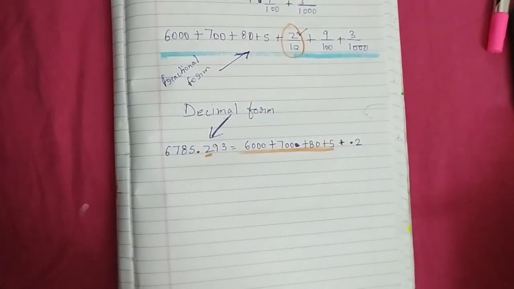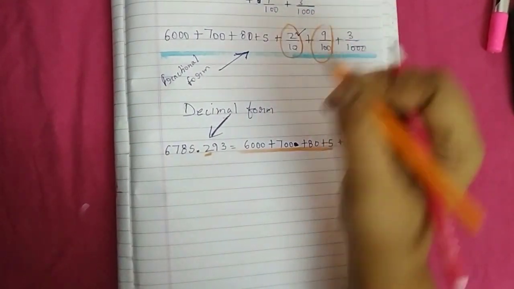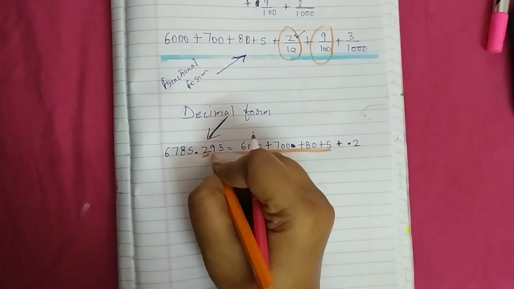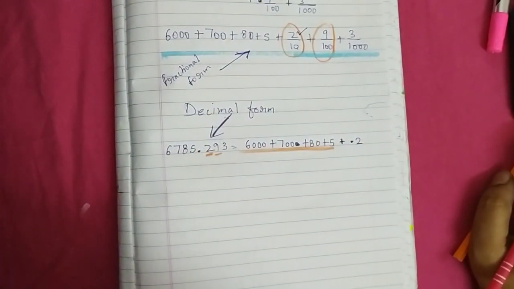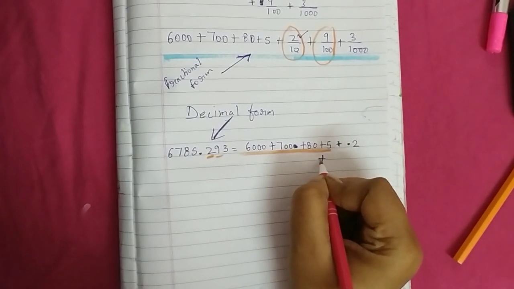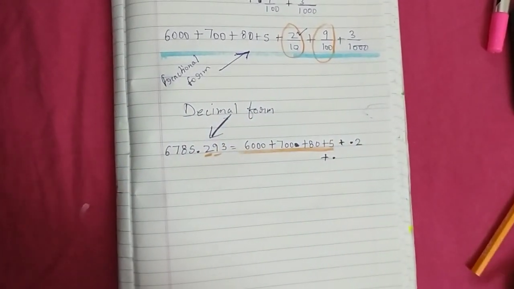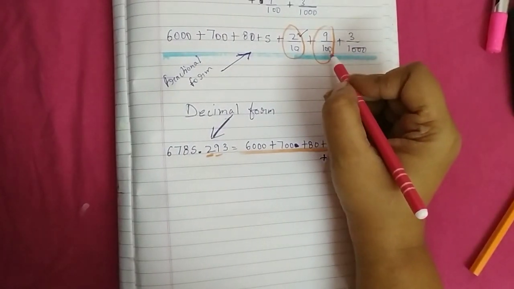Okay, now let's talk about this number. 9 upon 100, and this is at hundredths place. Now put plus sign again, children, here. Put a decimal sign because we are writing in decimal form. Now how many zeros are there in denominator? 2 zeros.